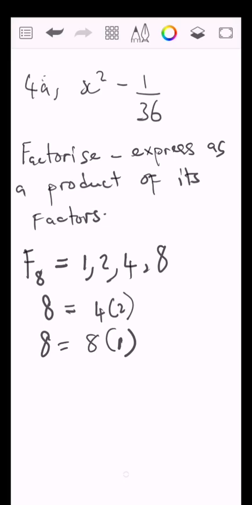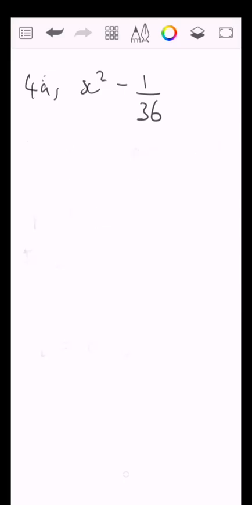Saka factorization, when applied to algebraic expressions, it's expressing an expression as a product of its factors. So I tried to explain with factorization chi, ndikashandisa example yema numbers, ndikaclarify kuti factorization inowanzo kushandiswa kuma algebraic expressions.